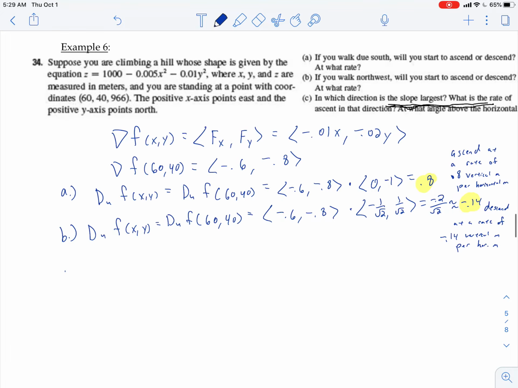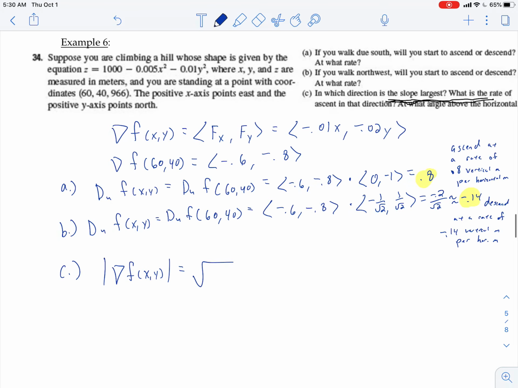Alright, we're almost finished. The last thing we're going to do is find in which direction the slope is largest, and what the rate of ascent is in that direction. If we want to find the maximum, we're just going to take the magnitude of our gradient vector.